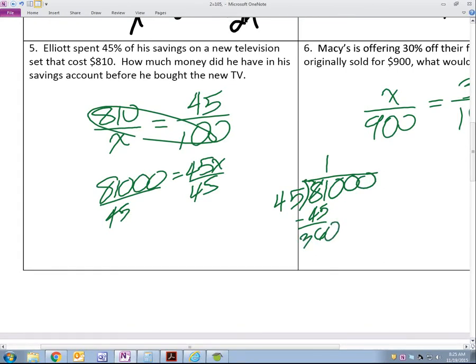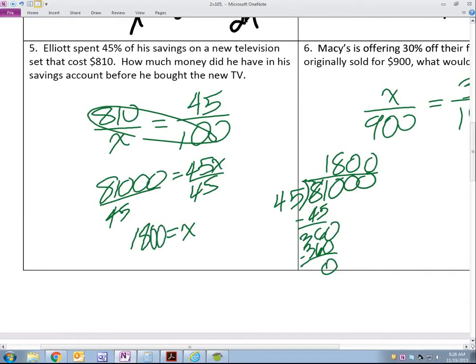Would it be 8 almost? It's 8. 40, 16, 32, 36. Yeah. There we go. So 18, 360, 0, and that's going to be 0. So 1800. X is equal to 1800.